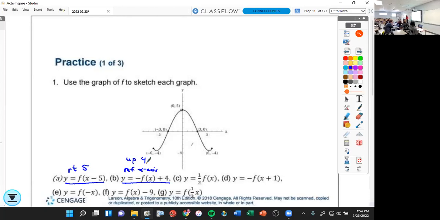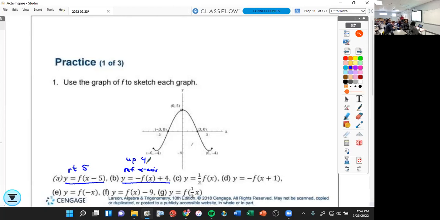We're changing the value of the function. We're changing the y value. We're changing f of x. We're changing it this way. So that's a vertical compression. It's that gummy bear. I'm smashing the gummy bear. It's now 1/2 as tall as it was, which made him fatter.